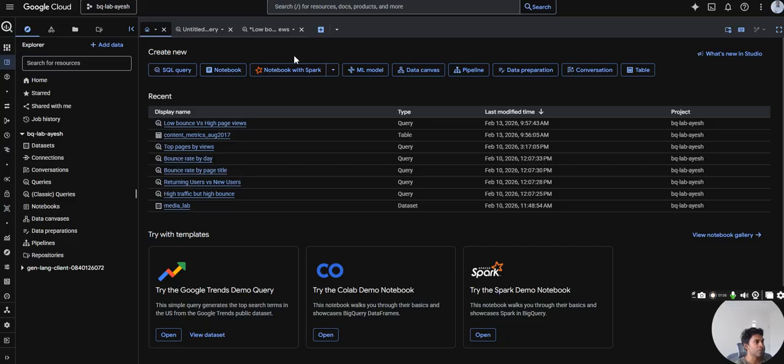We thought of looking at low bounce rates versus high page views, top pages by views, bounce rates by day, bounce rates by page title, returning users versus new users, and high traffic but with high bounce. While thinking through these SQL queries, we were trying to figure out what opportunities we would have, and what our observations would be in order to increase the traffic.